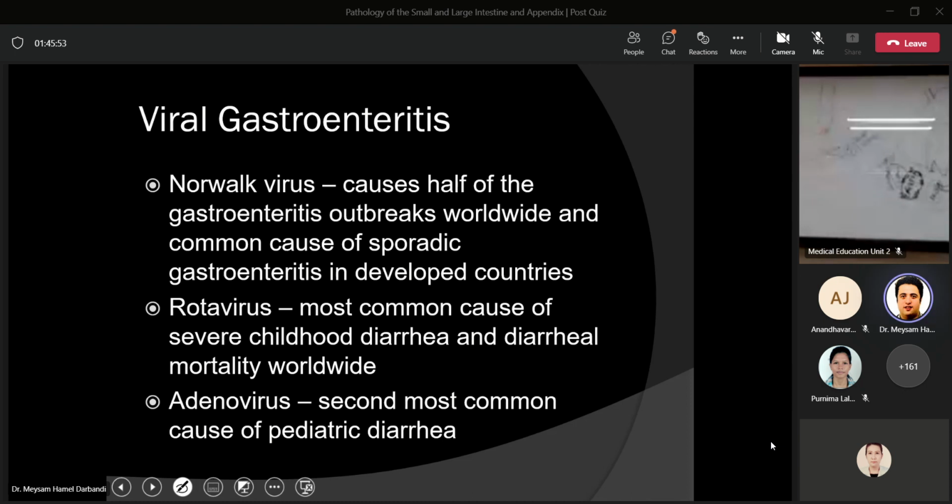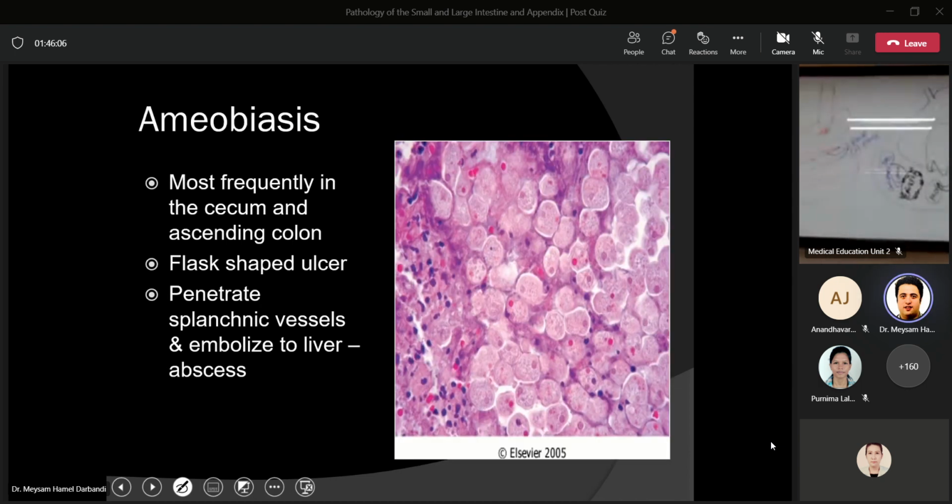Rotavirus is the most common cause of severe childhood diarrhea and diarrhea mortality worldwide. Adenovirus is the second most common cause of pediatric diarrhea. So as you see, when we continue this lecture, some of the lecture is just memorizing, right? You will memorize for exam and you will forget.